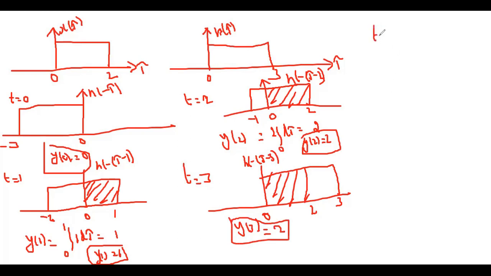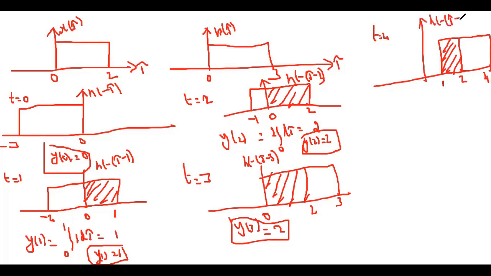And t equal to 4. Still it is moved from 0 to 1 here, and the last value is 4. Now the overlapping is from 1 to 2 only, h of minus tau minus 4.